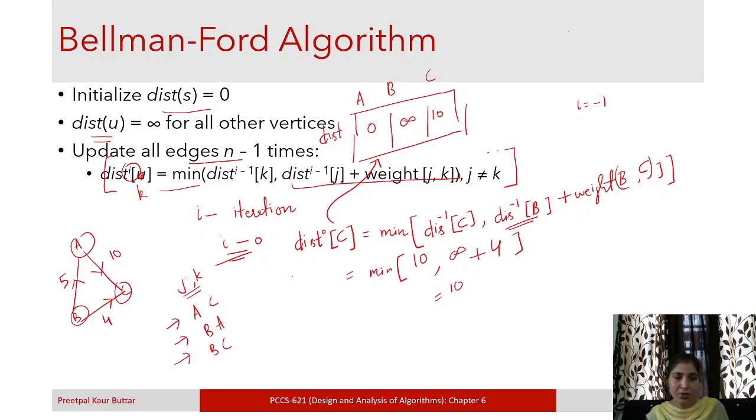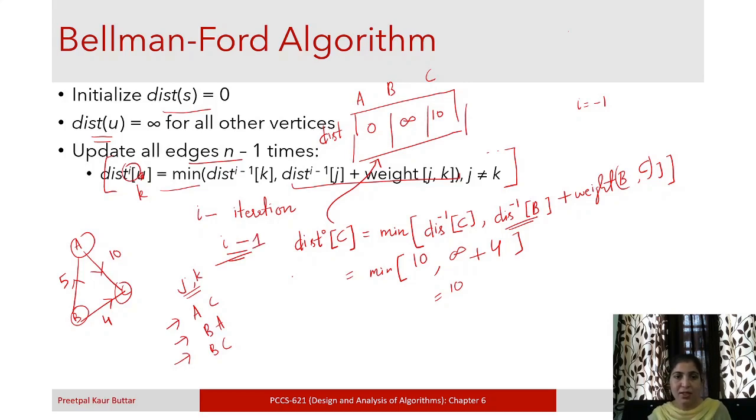You can see here also that if you want to go from A to C without using any intermediate vertex, then the shortest path is 10. And if you want to go from A to B, is there any direct connection? No, there is no direct connection. Therefore, it is infinity, right? So this iteration solves the subproblems in which you do not have any intermediate vertex.